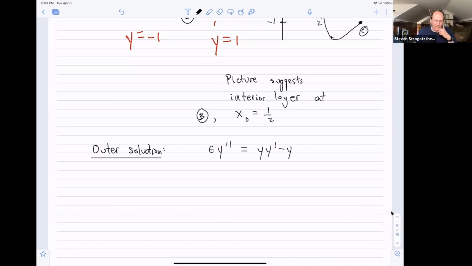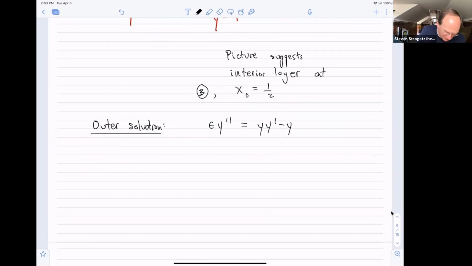And so the outer solution, which you could get by formally setting epsilon to 0, if I write y equals y0 plus ..., ignoring the order epsilon terms, the lowest order in perturbation theory would give me y0 prime minus y0 equals 0, just the right-hand side, ignoring this term.